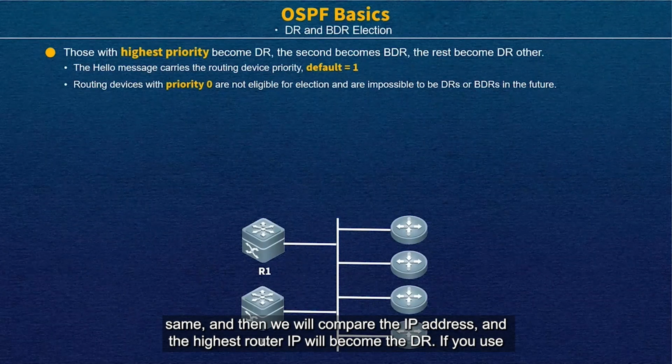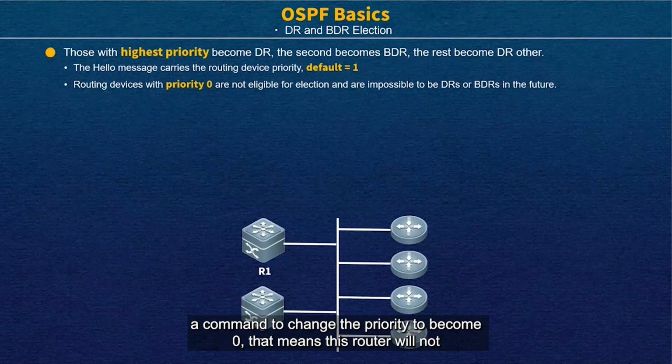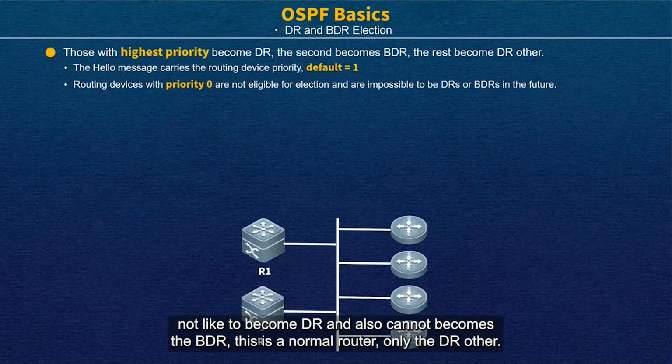Then we will compare the router ID, and the highest router ID will become the DR. If you use a command to change the priority to 0, that means this router will not become DR and also cannot become the BDR. This is a normal router, only DR other.